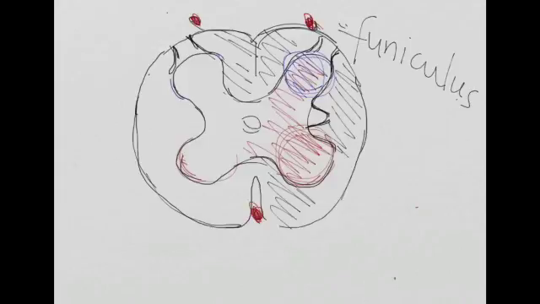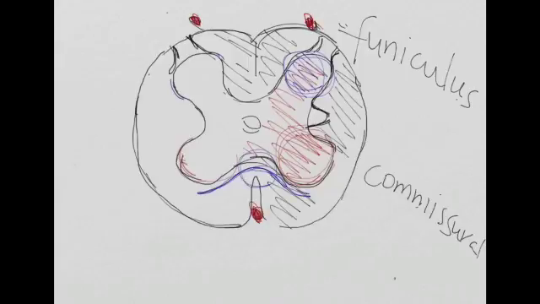We also should mention that many of the fibers which arrive into the spinal cord are actually crossing over from one side to the other. They are commissural fibers, as we learned in our terminology video. These commissural fibers are passing through in these areas.